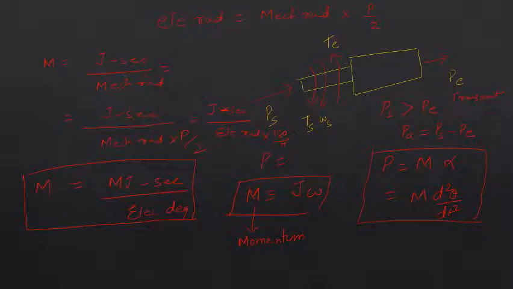Your rotor will rotate faster than the actual speed, but for a small period of time. If that acceleration is more, that is uncontrollable, and your machine can get into instability. So that's why I have expressed power as M into alpha, that is mechanical power minus electrical power, and this is our swing equation.